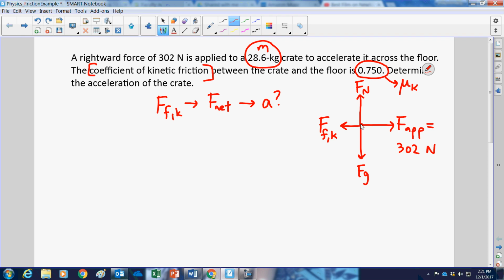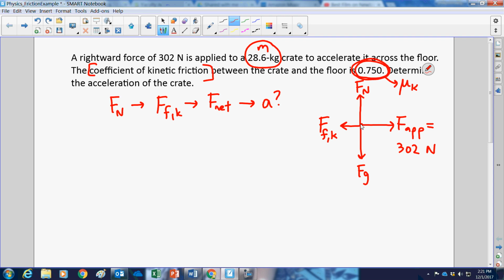Then I go looking at my formula sheet and I see that in order to find force of friction, I have to know the coefficient, which I do. That's this one, right? But I also need to know the normal force in order to get that, which means, oh man, I've got to find normal force. Now, they don't give that to me either, but I do know how to find force of gravity.